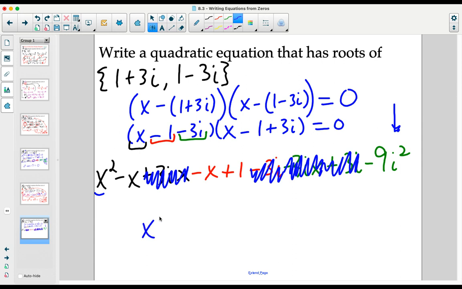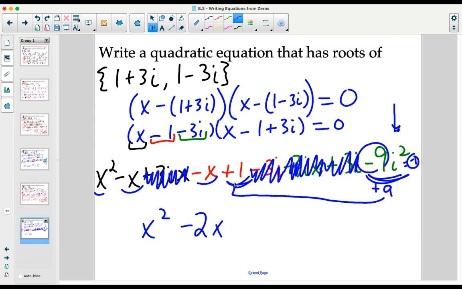We're left with the x squared, and then minus 2x for these two. We have this 1 here, but we also have 9i squared. i squared is negative 1, and negative 1 times negative 9 is positive 9. That 9 plus that 1 makes a total of 10, and all of that has to equal 0.